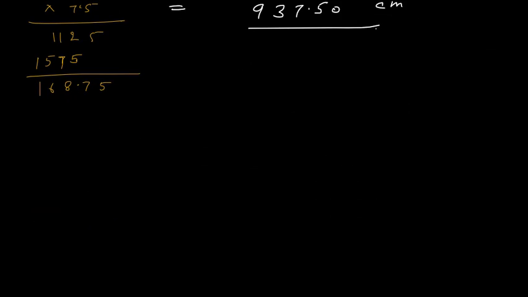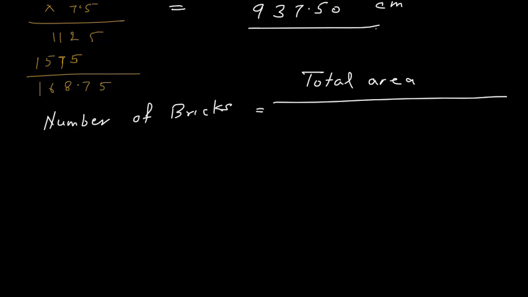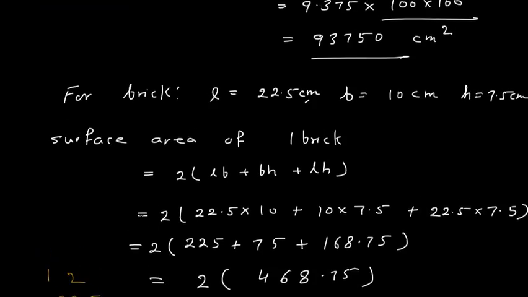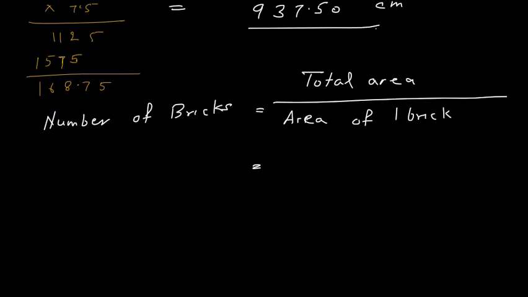Now number of bricks required, or simply I will say number of bricks is equals to total area divided by area of one brick. Now total area is 93750. 93750 divided by 937.5.